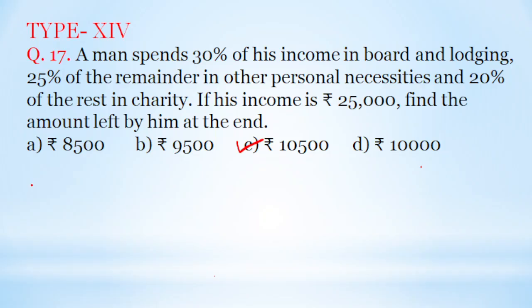Here the trick. Let his initial income be 100%. So income is 100%.